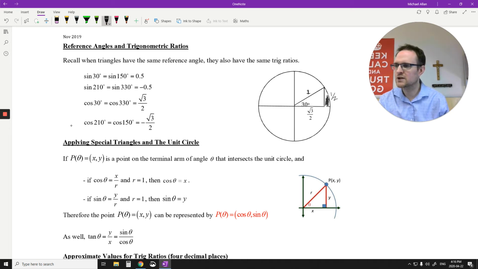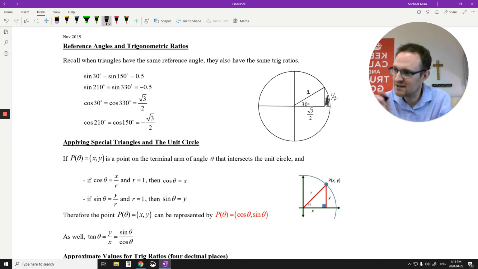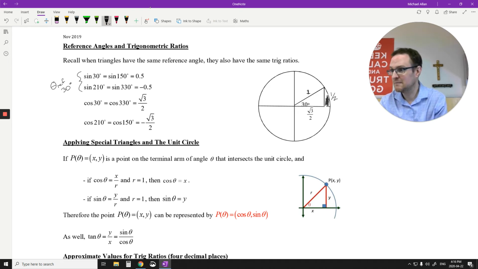Just a little refresher. If you have the same reference angle, you have the same ratio, right? But you may not have the same sign. You notice that all of these, actually all 4 of these, 30, 150, 210, and 330, have the same reference angle. The reference angle is 30 degrees. So they all have very similar ratios, but some are negative, some are positive because of which quadrant it lands in, right?